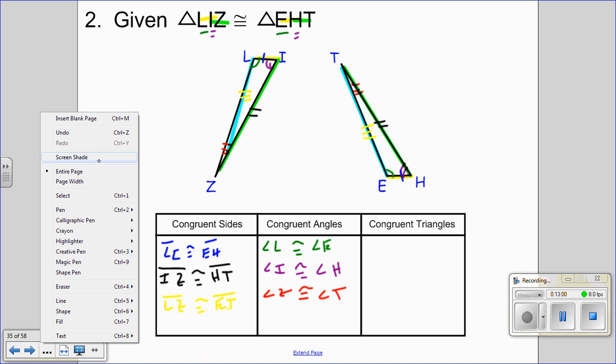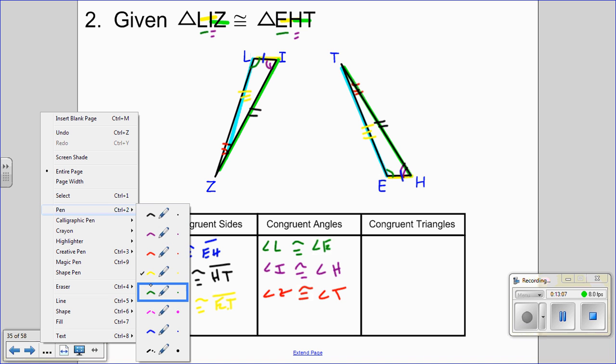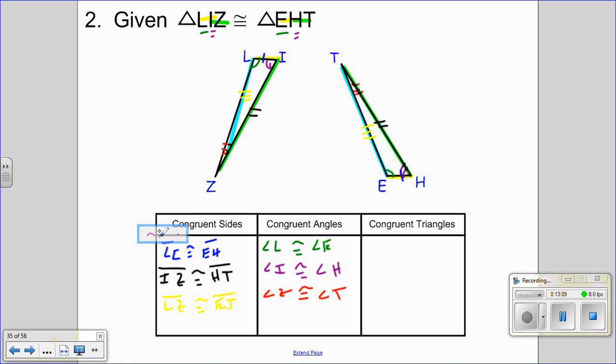And just for demonstration purposes, I'll only write down one of the other possible triangles. And I could say triangle ZIL is congruent to triangle THE.